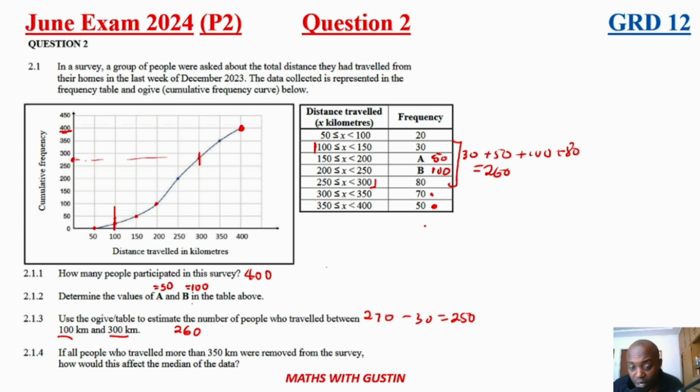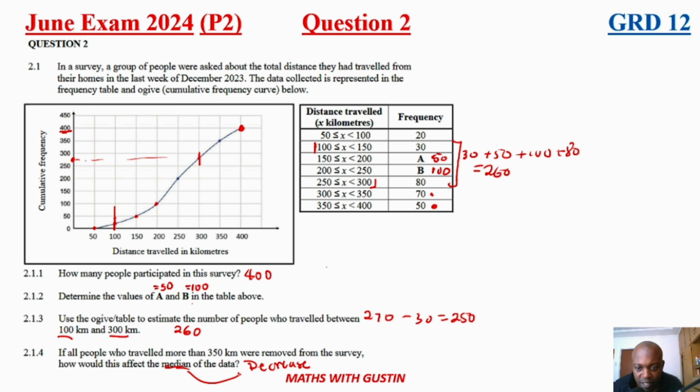What will happen to the median? This is the middlemost. If you were to remove the last two numbers, that simply means the median would decrease. You can just write there, the median would decrease. That's how you would deal with a question like this one.